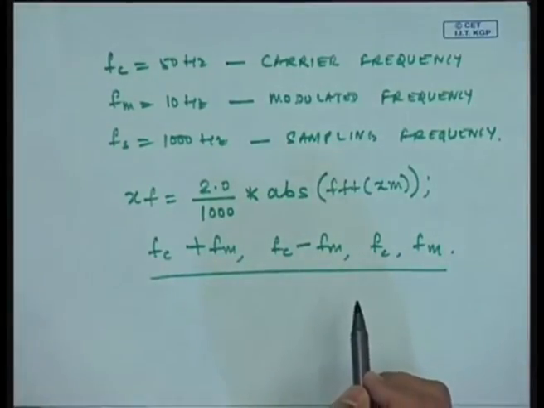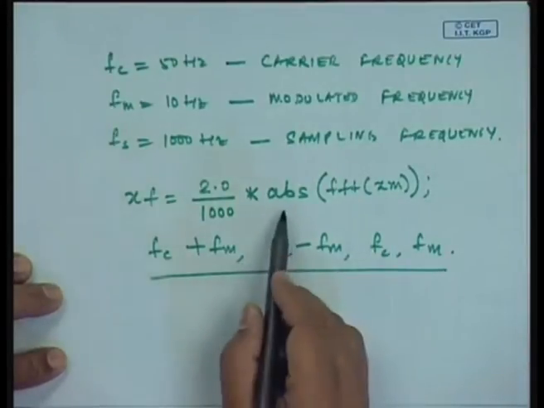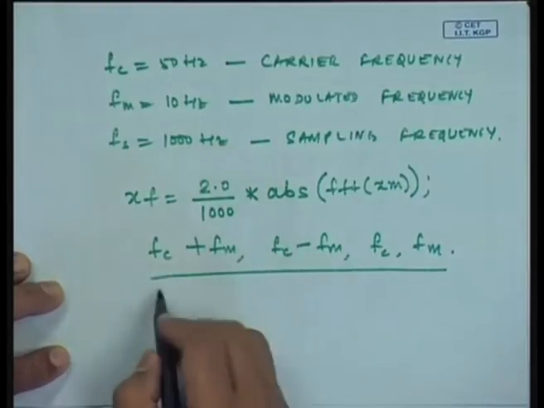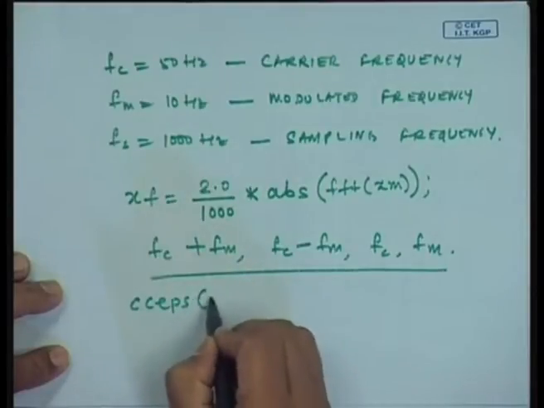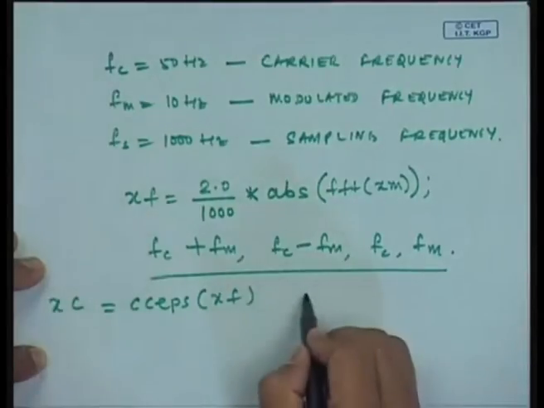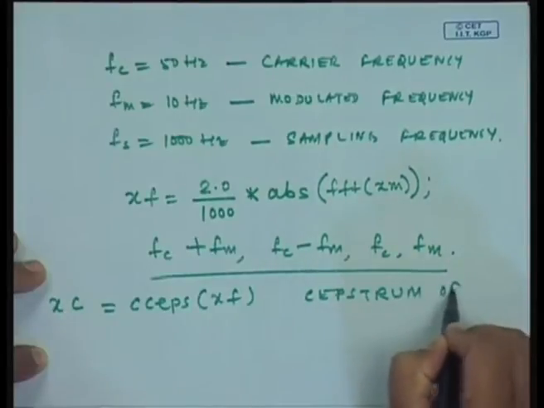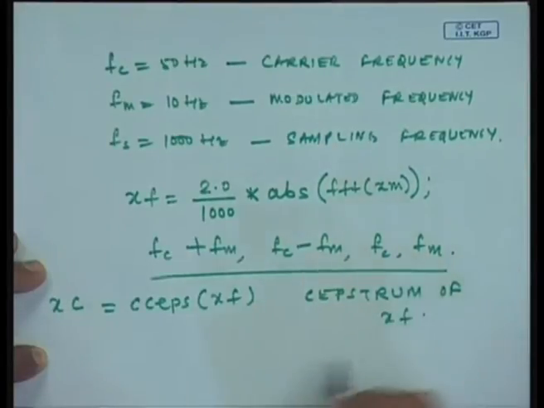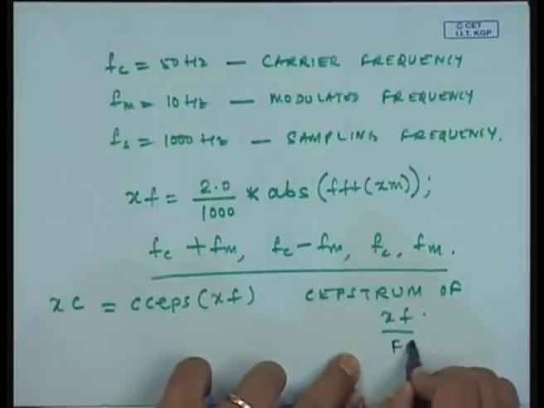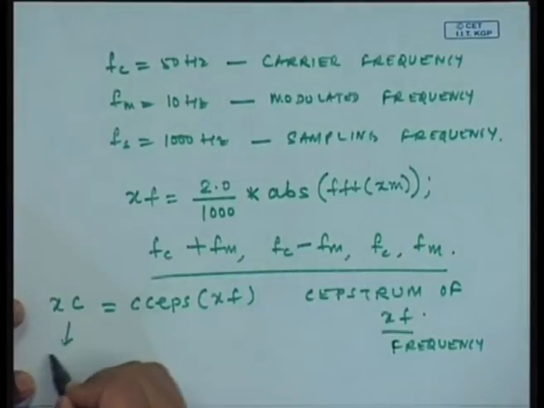Okay. And if you do the cepstrum of this signal, you need not take the FFT. So, you have to look into the algorithm cceps of xf equal to xc, cepstrum of xf. So, xf is in the frequency domain, and this is in the time domain.